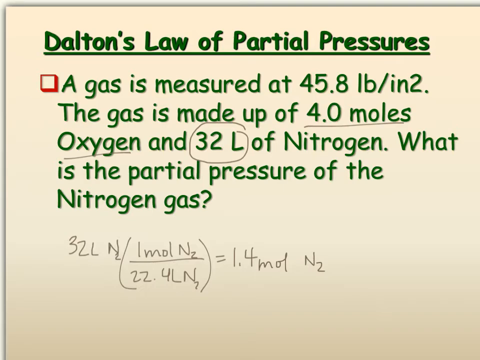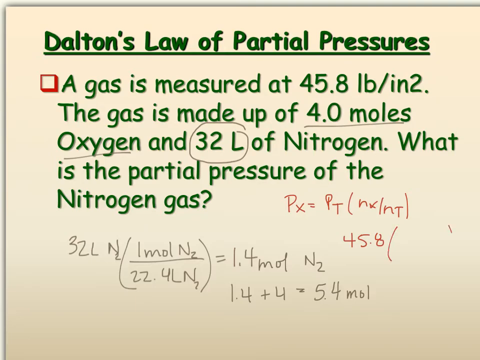Which means now I know how many moles of nitrogen gas I have and how many moles of oxygen gas I have. I can combine those to get my total. So 1.4 plus 4 equals a 5.4 mole total. And then to figure out the partial pressure of nitrogen gas, Px equals Pt times nx over nt. My total pressure is 45.8.